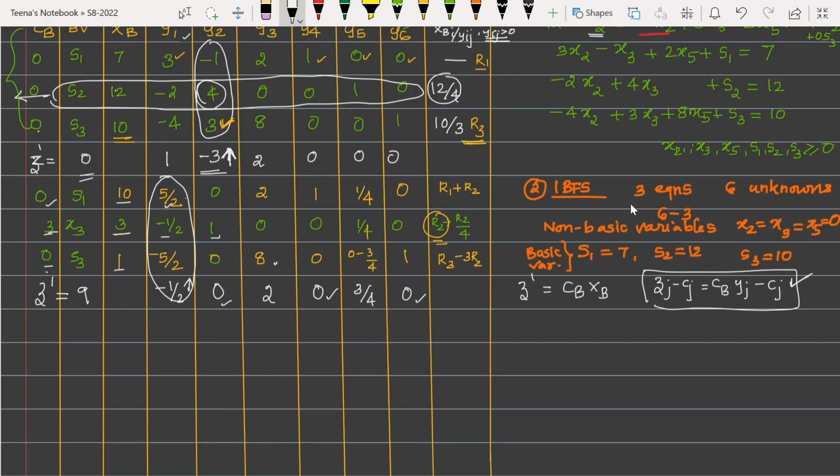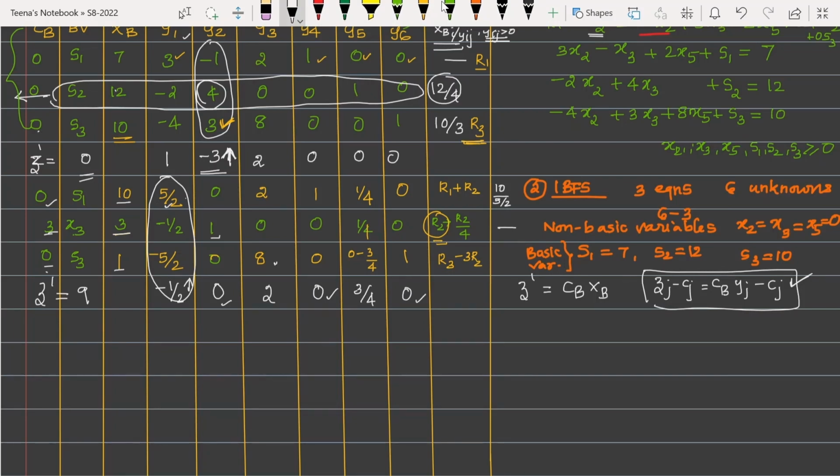Now when this x2 enters the basis, we definitely have to find the leaving vector. In order to get the leaving vector, we are applying the minimum ratio rule. So let us calculate the minimum ratio rule. Minimum ratio rule is xbi by yij. xbi is 10 by 5 by 2. Then the next ratio cannot be taken because the denominator happens to be negative. So here we have minus 1 by 2. So the denominator cannot be negative.